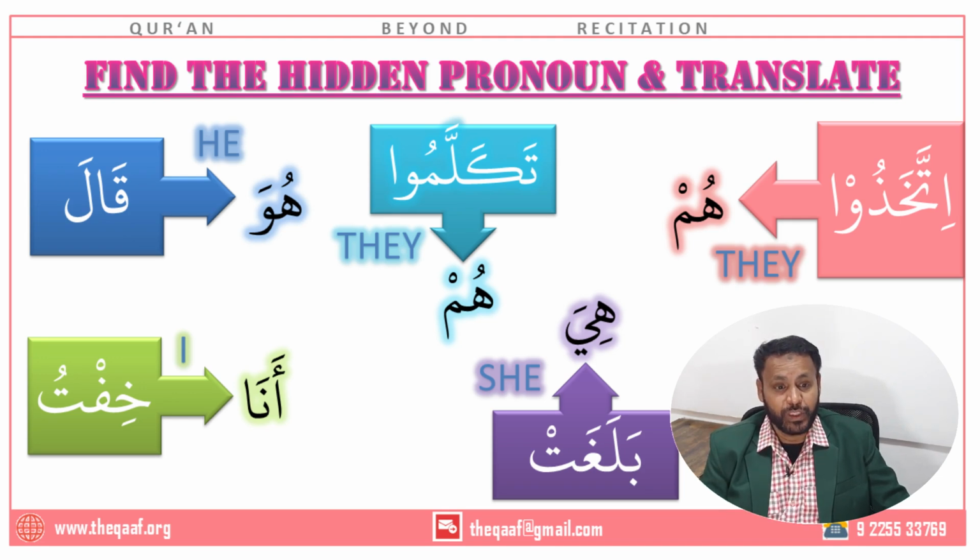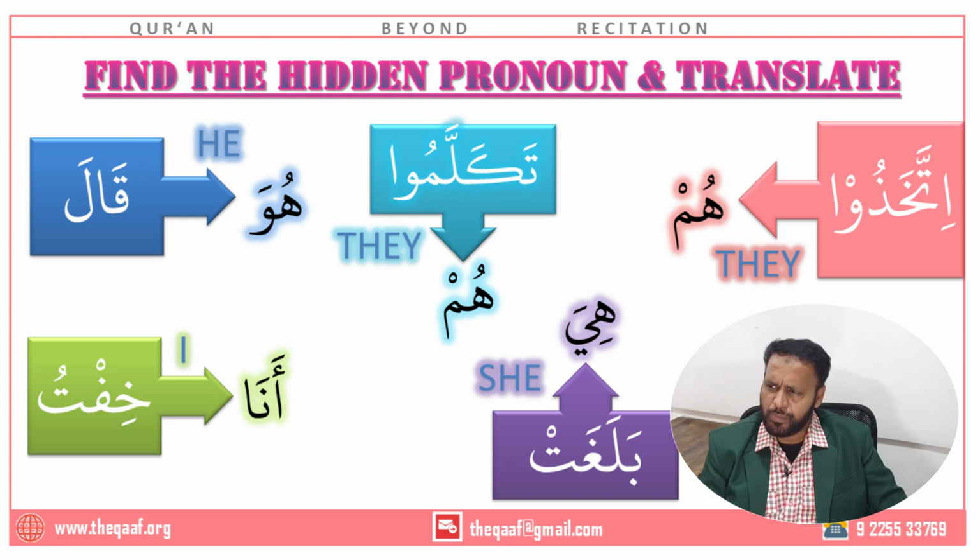Takallamu. Oh, long word. Complex word. I don't know the meaning. You don't need to know the meaning. Just look at the ending. It's ending with the waw. In the Nasara table, there was only one word ending with waw: Nasaru.